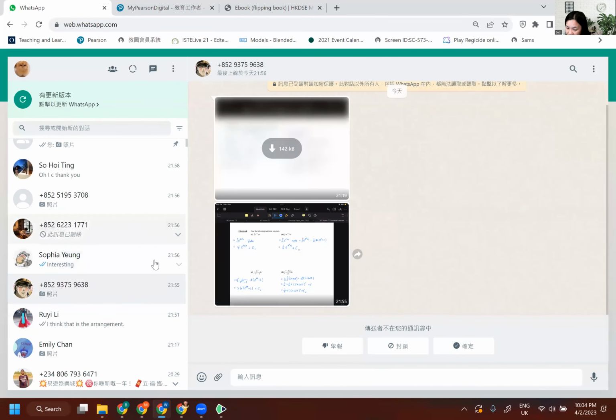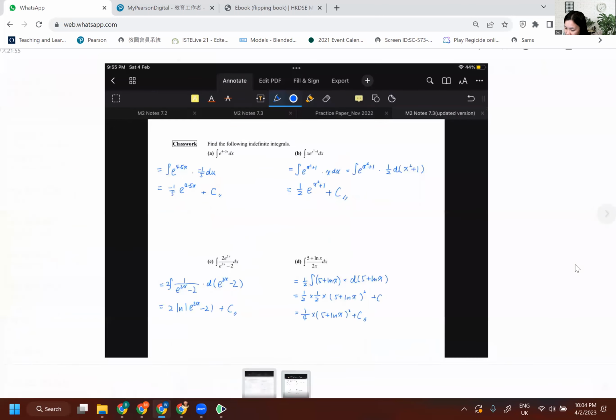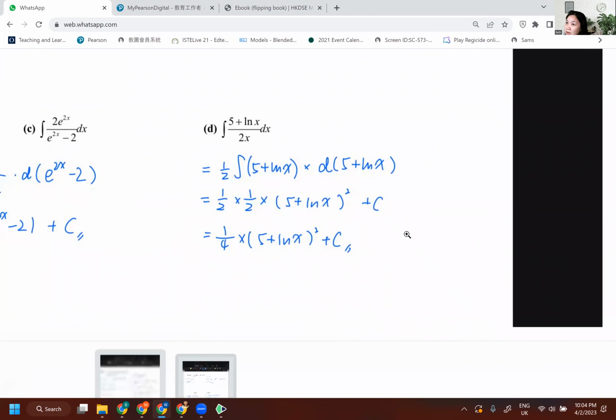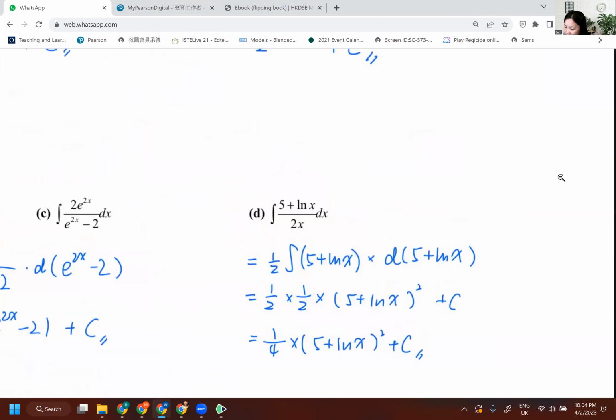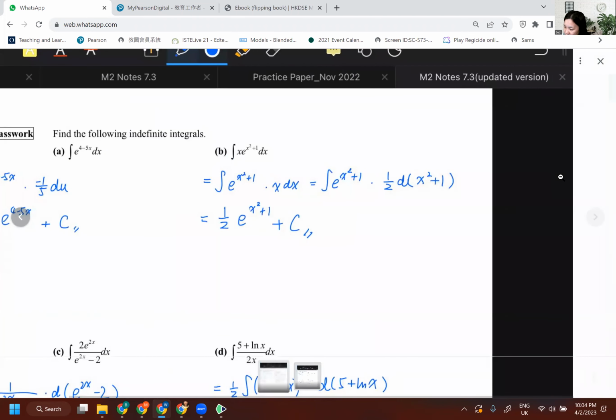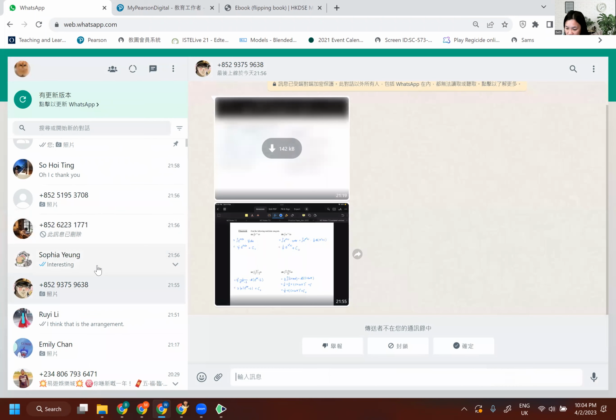Let's look at May's answer again. Do you see? 5 and log x are not separated because she did adding 5. This is not clear because you wrote too few steps. Let me see what Sophie did. Sophie showed more steps, but May, you should look at Sophia's answer as well.